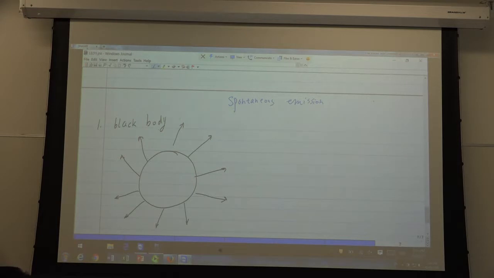This emitted electromagnetic wave balances with the electromagnetic wave from the outside. That means the blue line and the black line balance each other, at thermal equilibrium.